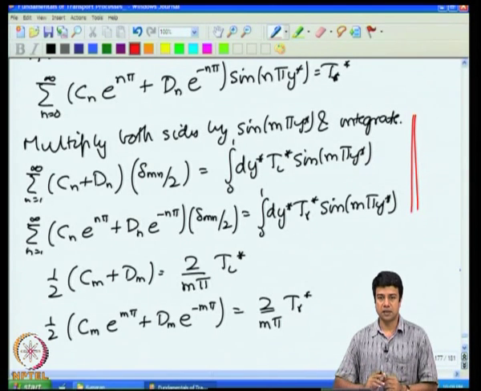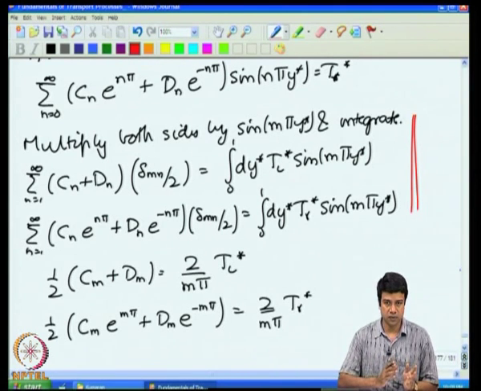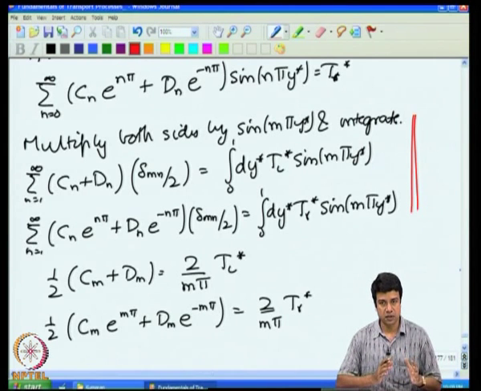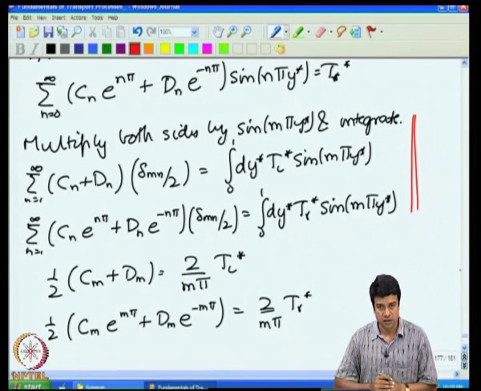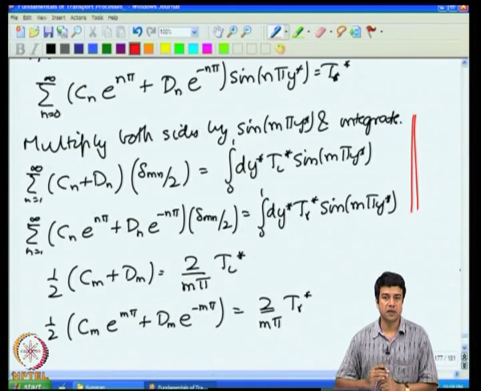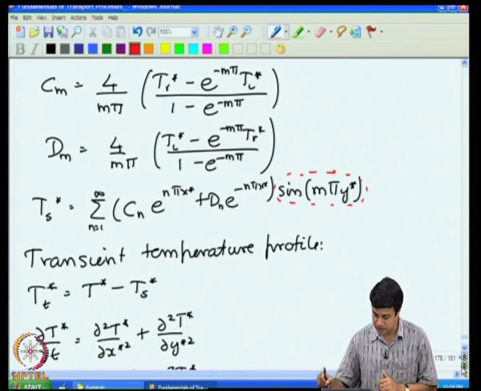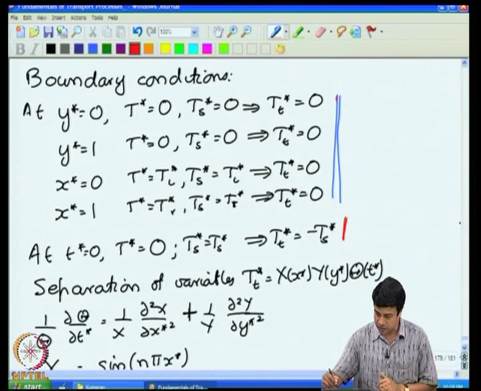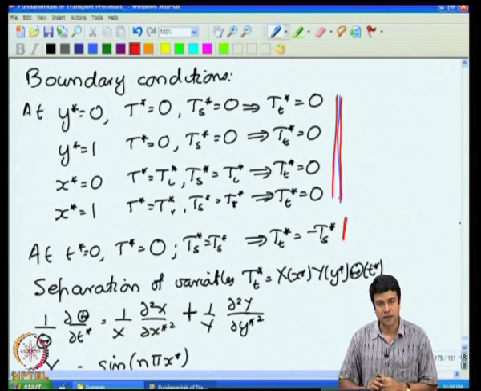In order to get the transient solution, you subtract out the steady solution from the total solution. When you subtract out the steady solution from the total solution, for the transient problem, the boundary conditions are homogeneous in all directions, that we saw in the last class. For the transient temperature field, the boundary conditions are actually homogeneous in all directions. Therefore, you get sine and cosine functions in all directions.